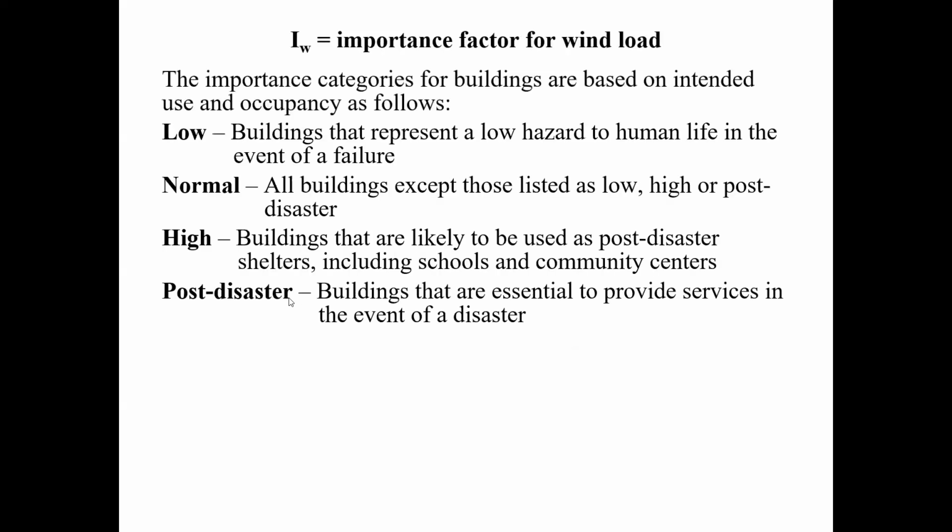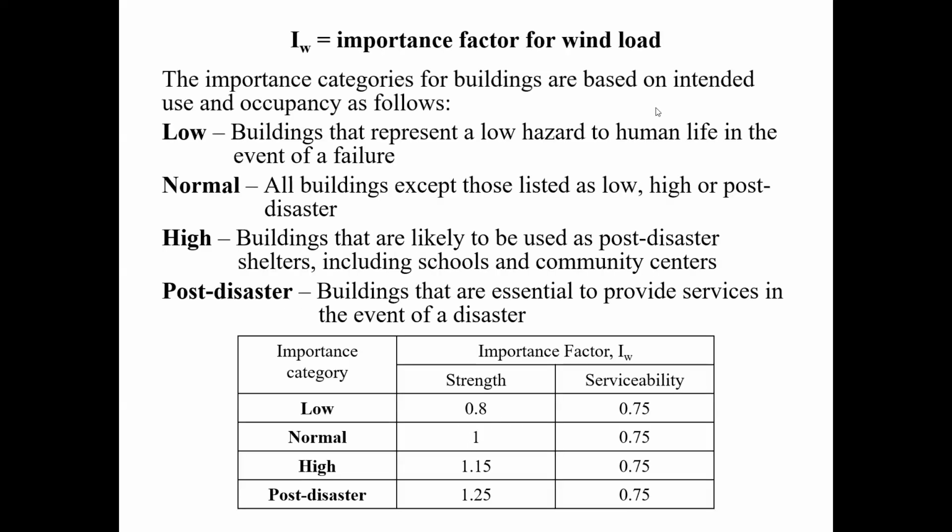Now, of course, I'd like to repeat this. Keep in mind that when it comes to wind, look at the serviceability. The importance factor is what brings your loads down to much smaller when you're calculating serviceability, and that's why we use a smaller load.